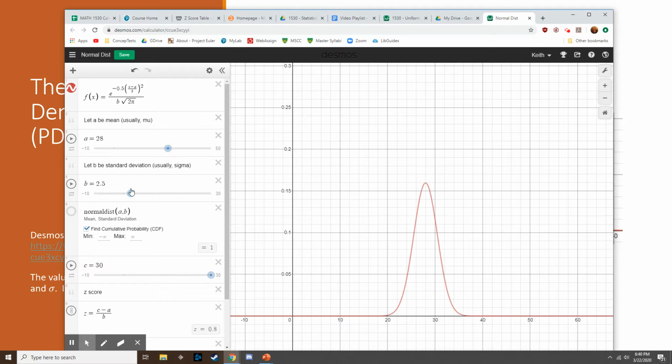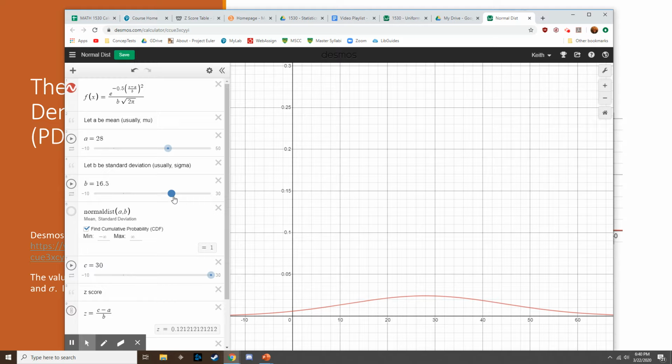Next up, if I'm changing B, which is standard deviation on Desmos anyway, when I'm changing sigma values, what do you think will happen when I increase B? Will it get higher, shorter? Will it spread out? Will it get tighter in? Well, what happens if I increase B is the whole thing flattens out.